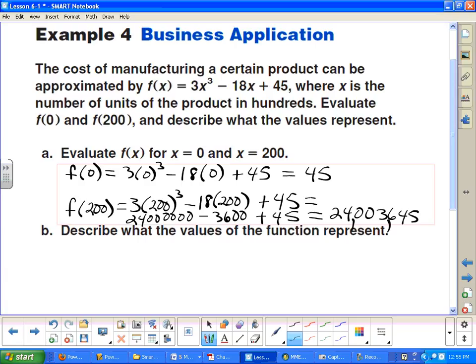Okay, so when you add them up, when you put in 200, you should get 24,003,645, right? Oh, I didn't add it. I added it instead of subtracted it. Oh, darn.